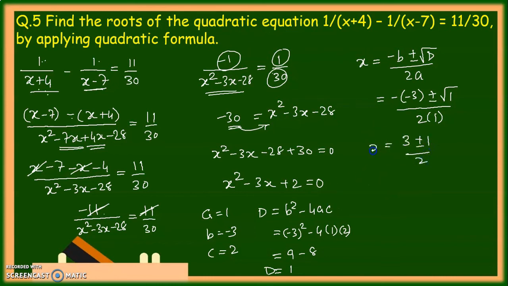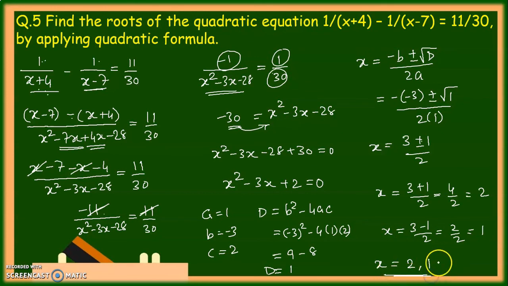If you take the positive value, it is 3 plus 1 divided by 2, then we get the value of x equal to 2. And if you take the negative value, it is 3 minus 1 divided by 2, that will be equal to 1. So here we get the roots of the quadratic equation: x equal to 2 and 1. This is our answer.